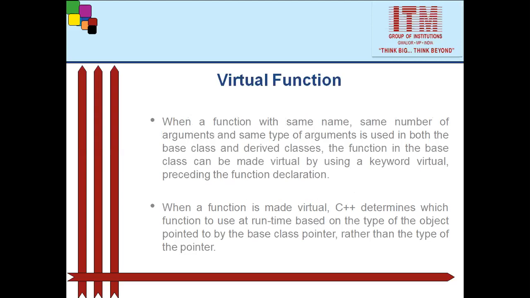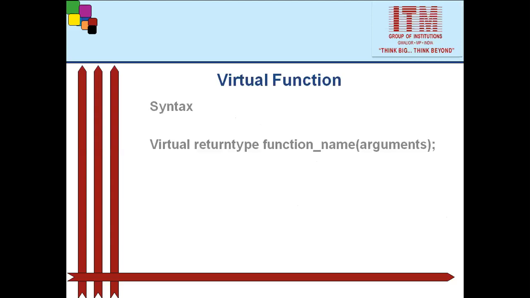But in runtime polymorphism, both functions have the same name, same number of arguments, and same type of arguments. Then it would be a total mess for the compiler to know which function to execute, so it has to decide at runtime. For this decision, we use a base class pointer, which helps us identify which function to execute at runtime. In this way, we use virtual functions.